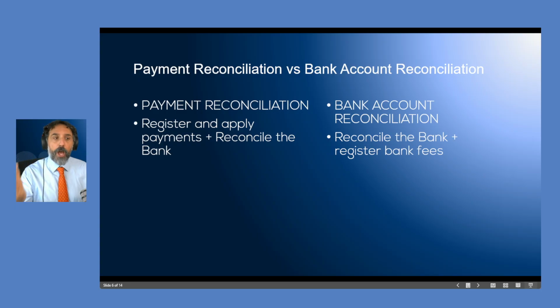How does the bank know? It's about process and compliance. The bank account reconciliation allows you to reconcile the bank, and once the bank is reconciled, you can also register bank fees and expenses that affect your cash flow that you only find out when you receive the bank statement. In very simple terms, this is what they do.